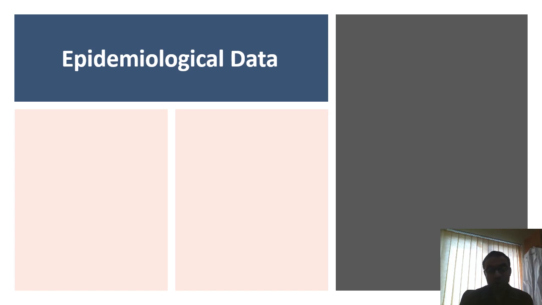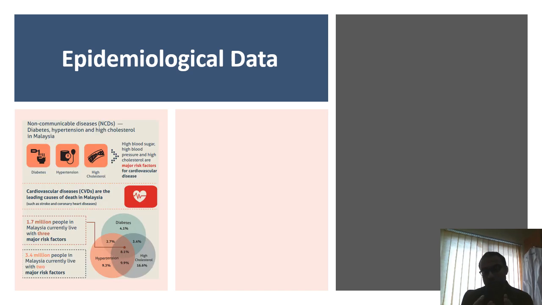Epidemiological data. Here we want to highlight the hypertension statistics. In the first place, on the left side we can see hypertension at the national level. It is one of three major cardiovascular risk factors, and cardiovascular disease is a leading cause of mortality at the national level.